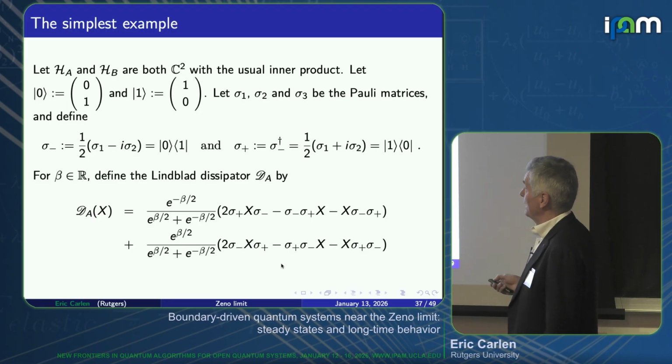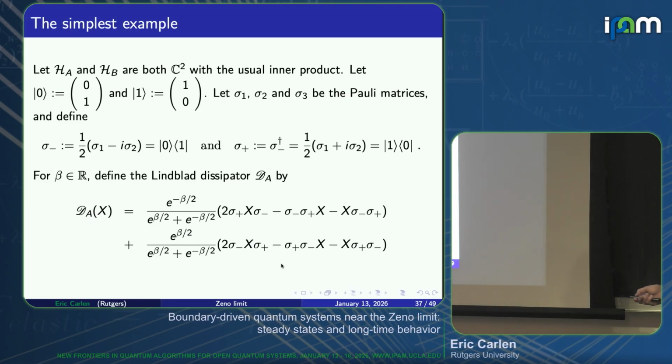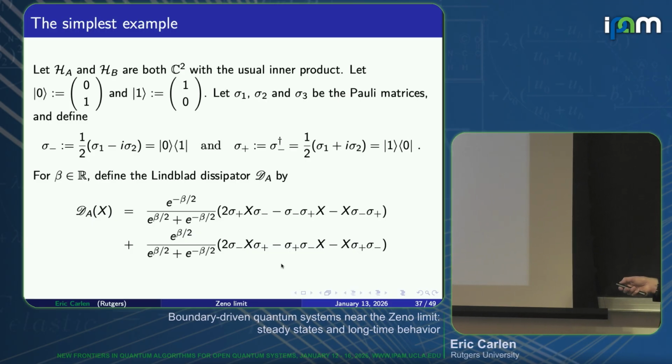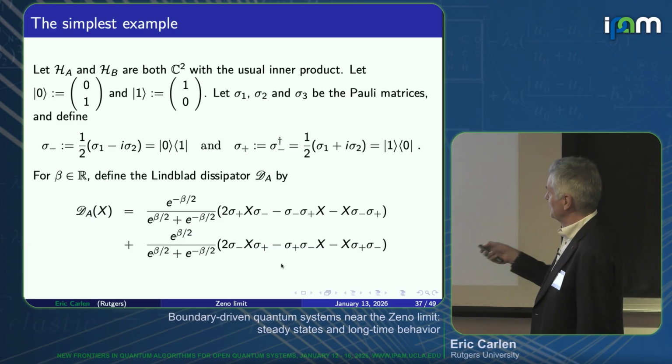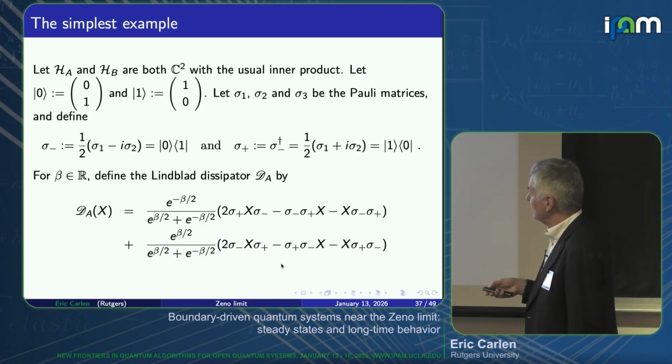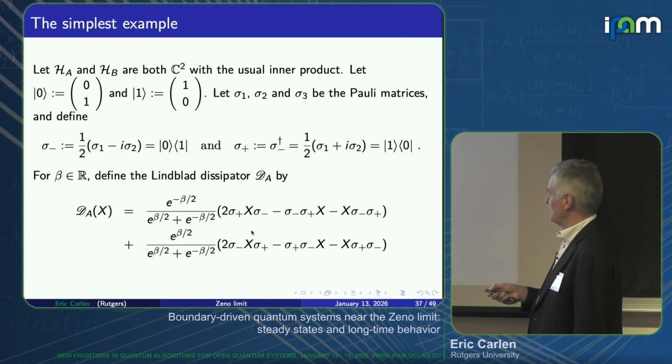So let's take H_A and H_B to both be C^2 with the usual inner product. We'll write things in terms of the Pauli matrices, the sigma plus and minus, and let me look at this Lindbladian, which has the jump operators, which are linear, the jump operators here are the raising and lowering operators, okay, on the first site.